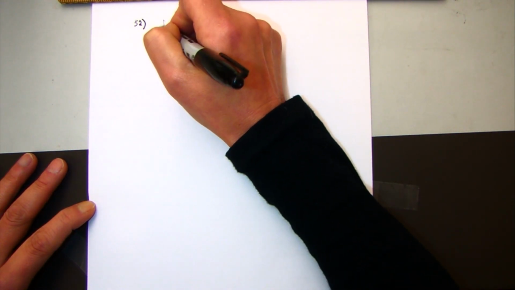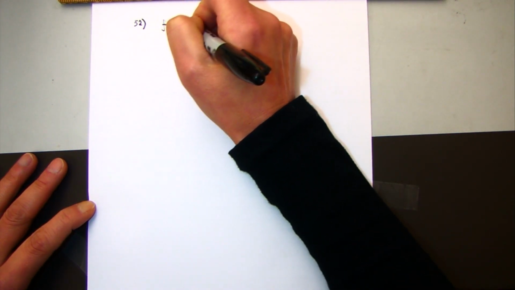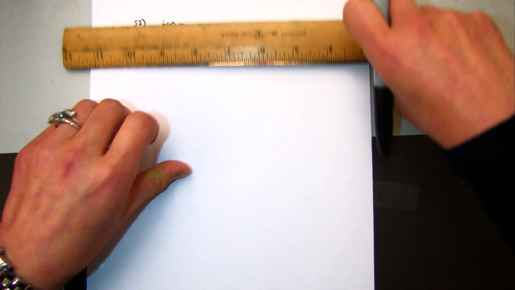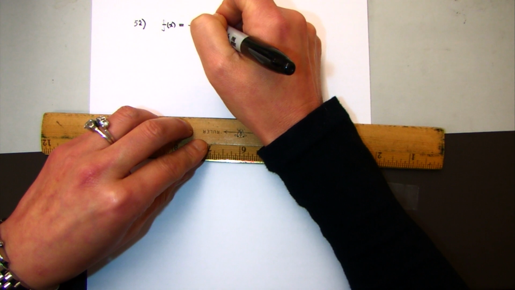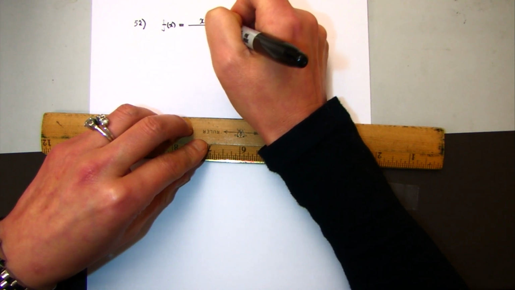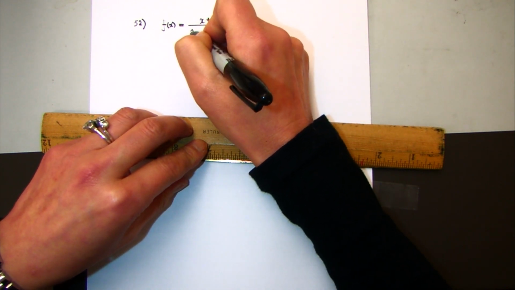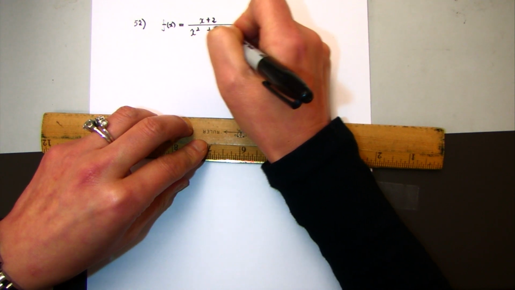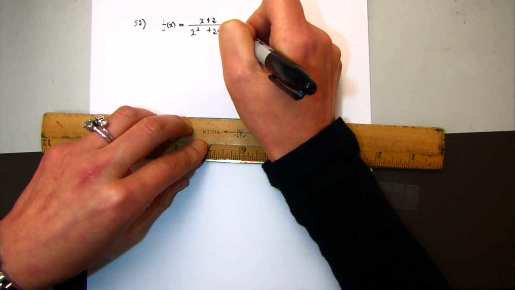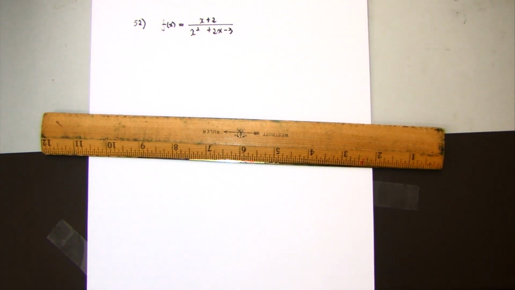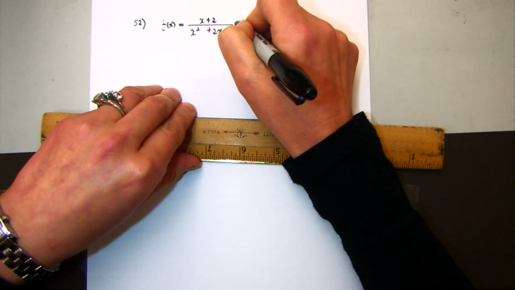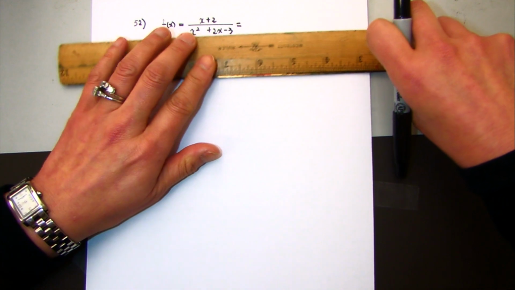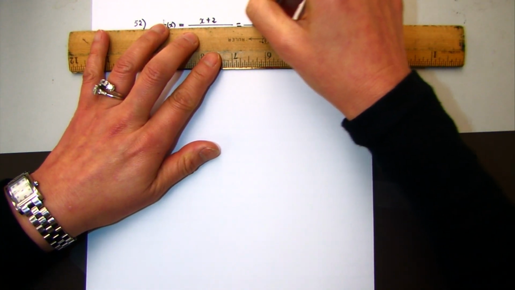This is number 52. Function equals numerator over denominator. I would like you to have 2 versions of this problem already, depending on what we are doing.